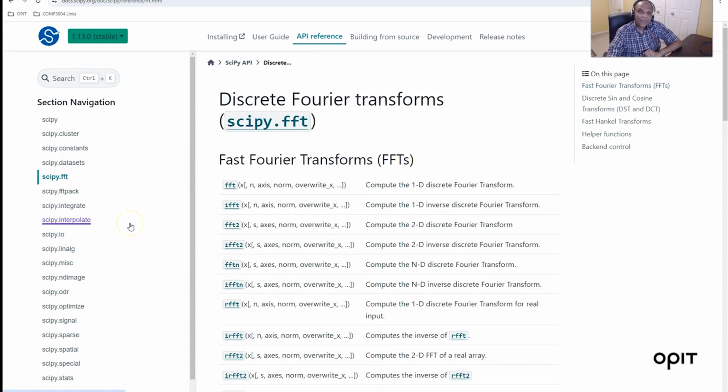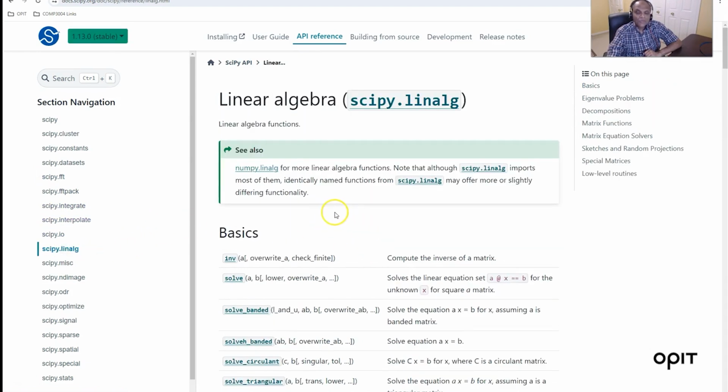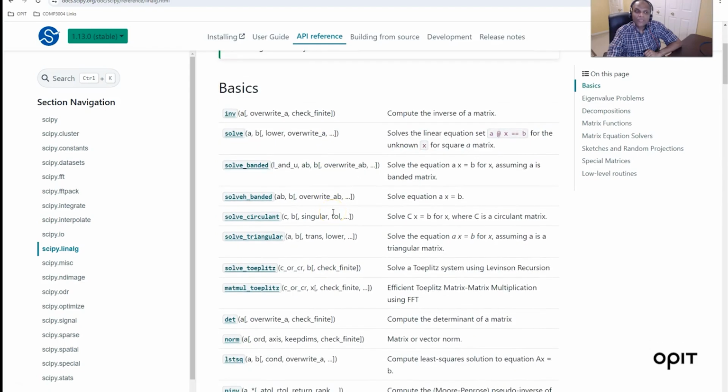Now, one of the SciPy packages that I find very useful is the linear algebra one. Okay. So in the linear algebra, we will use different functions in order to fit data, in order to calculate regressions or best fit among lines.